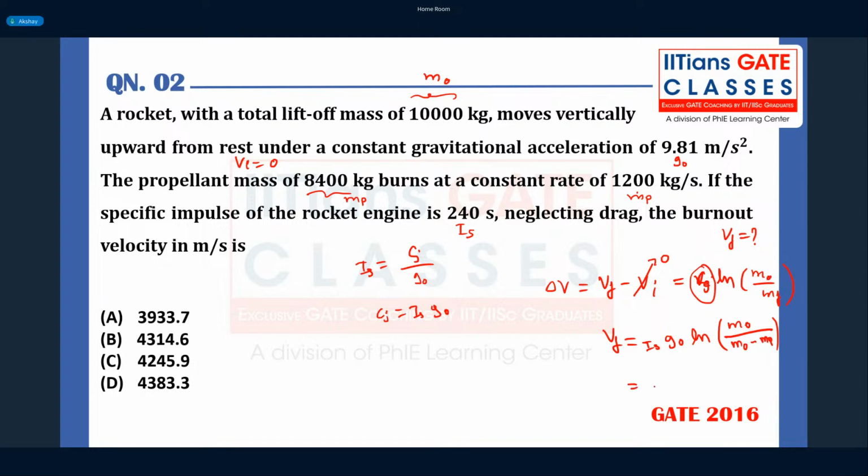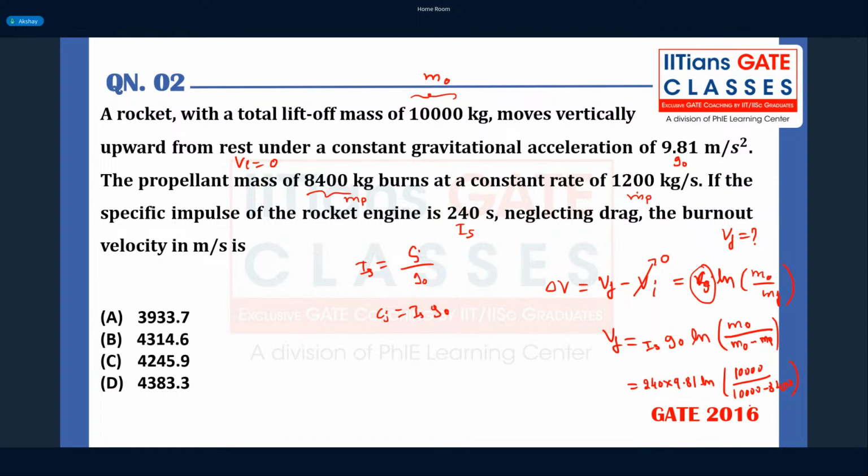You have 240 seconds multiplying with 9.81 times natural log of m naught, 10,000 kg, divided by 10,000 minus 8,400. Right? So what do you get?